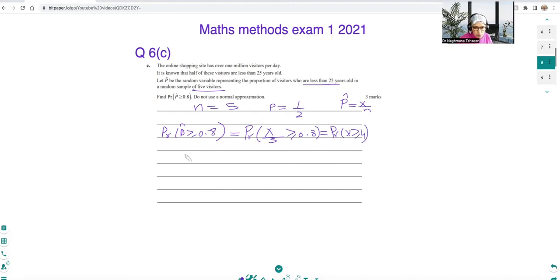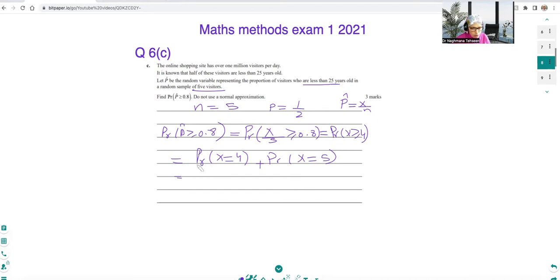So greater than or equal to 4 means I have to write the probability of X equal to 4 plus the probability of X equal to 5, because the number of random samples is 5. Then we do not use the normal approximation. They are just telling us what not to do.